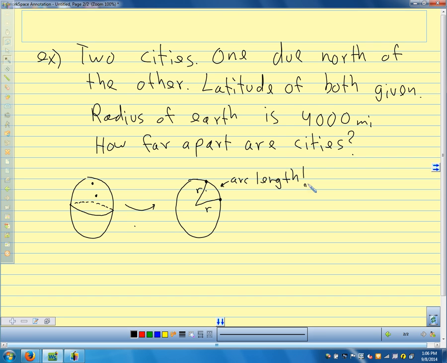So the radius of the Earth is 4,000 miles. The distance between the cities is the arc length. And say it gives you the two angles, the two latitudes of 78 and 35. How do you find the angle between the cities? Subtract one from the other, and that gives you the angle between the cities. One of these angles is one measure and the other is another measure, so the angle between them is the difference.